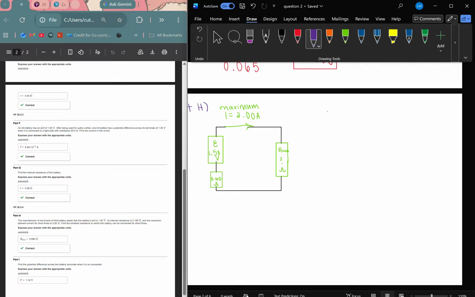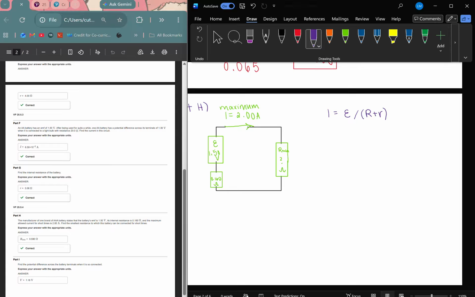So what we normally use is the formula that was in the textbook, which was the current is equal to the electromotive force divided by the internal resistance plus the external resistance. So I'm going to rearrange this equation.